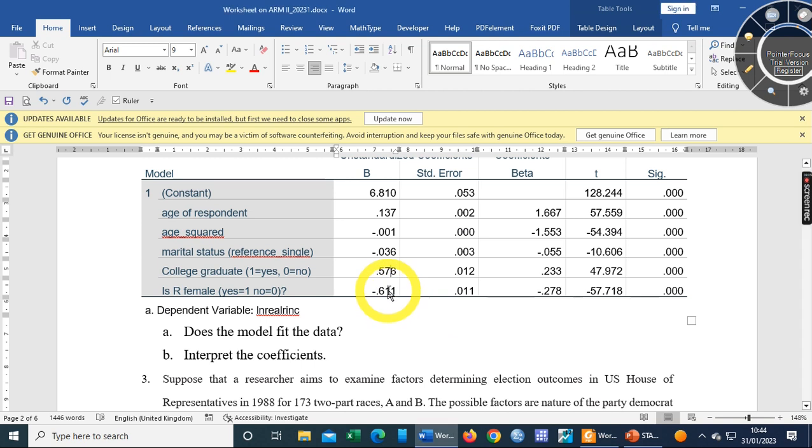In this case, our reference here is male, and here we have female.